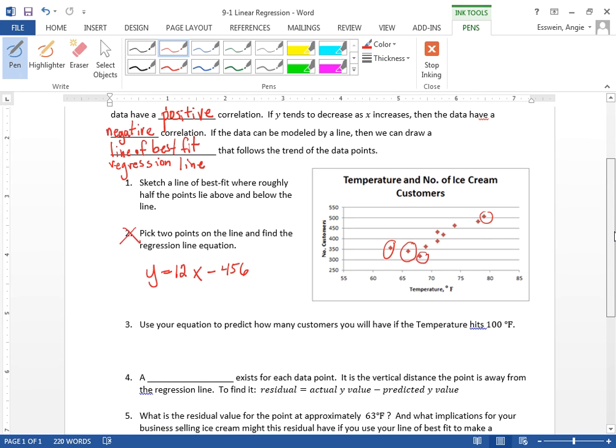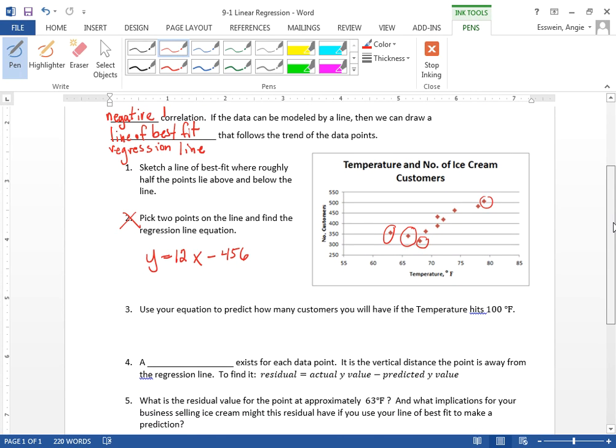And so then we can use this to predict, say, the temperature hits 100 degrees Fahrenheit. How many customers do we expect to have come in? So would we plug in 100 for X or for Y into the equation? Yeah, good, X, because X is the temperature. So then we would use it to predict.